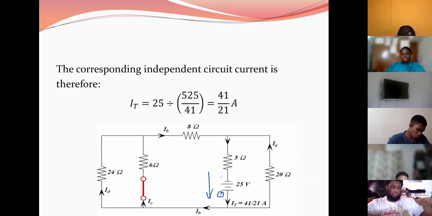In this instance, we have current going down, leaving the source, and it would then divide to the 20 and the rest of the circuit, then divide between the 6 and the 24, and then recombine to go through the 8 ohm. So that's our IT.